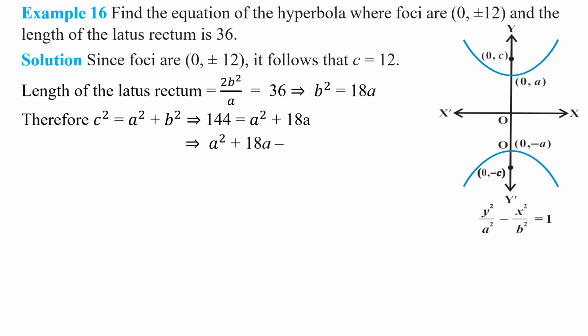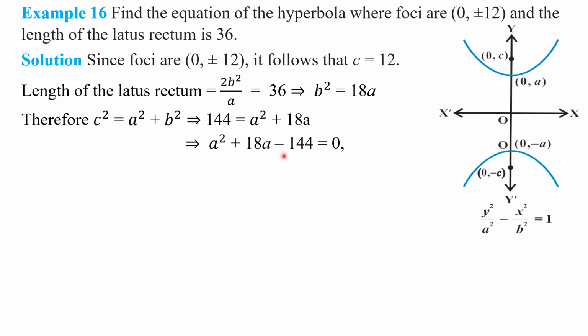This implies a square plus 18a minus 144 is equal to 0. We rewrote the terms of this equation. Then we get a square plus 18a, we transpose 144 to the RHS, then it becomes minus 144 is equal to 0. If you observe this equation, this is a quadratic equation in a. Yes or no, my children?